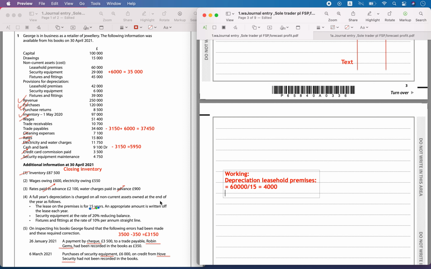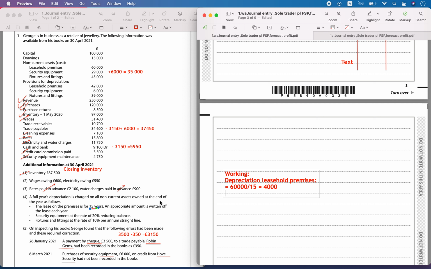Then we have the depreciation charge: 60,000 divided by 15 years is equal to 4,000.